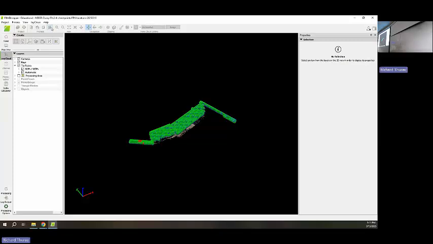If that was the case, I could hit rematch and recalibrate, but I'm not going to do that. I'm just going to hit reoptimize.